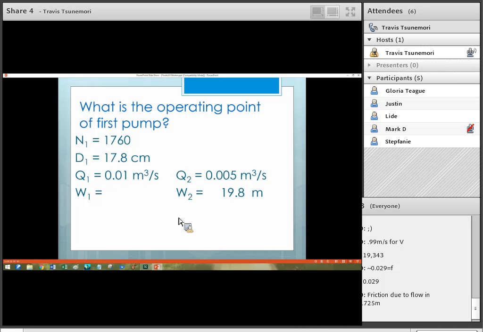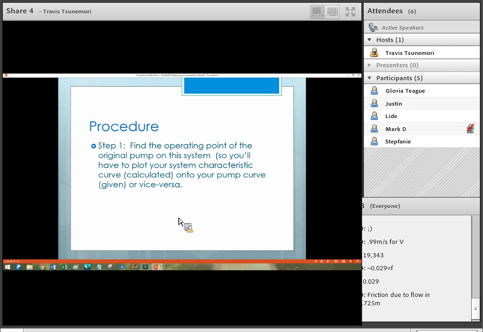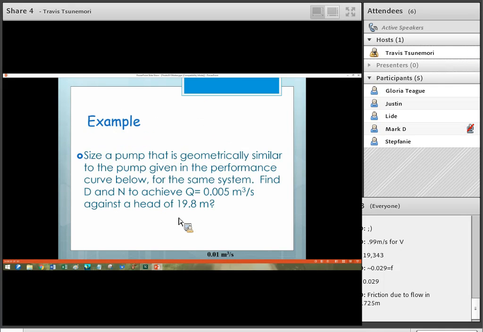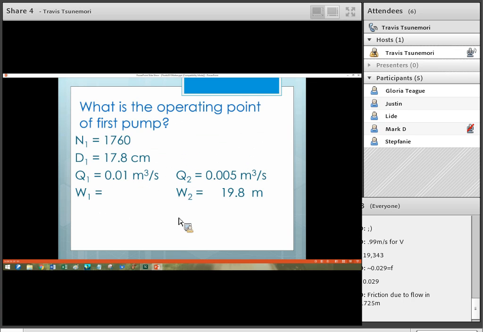The problem gave us Q2 equal to 0.005 meters cubed per second at a head of 19.8 meters. That's what we know, and we're trying to find, actually, I forgot, what did it ask us for? Oh, the diameter of the impeller and the speed to achieve the new situation. So we want N2.